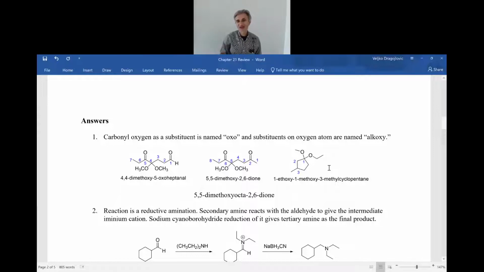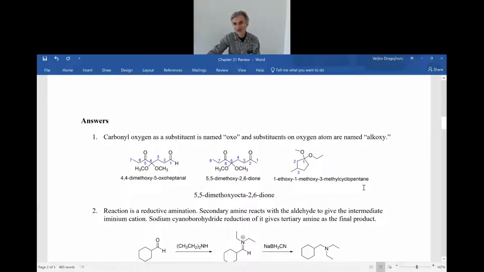So the carbon with the largest number of substituents gets the smallest possible number, if they are all substituents. That's going to be an ethoxy substituent. This is an ethyl group on oxygen, so this is ethoxy, and this one is methoxy. And finally, on carbon 3, we have a methyl group. So it's going to be 1-ethoxy, 1-methoxy, 3-methyl cyclopentane.